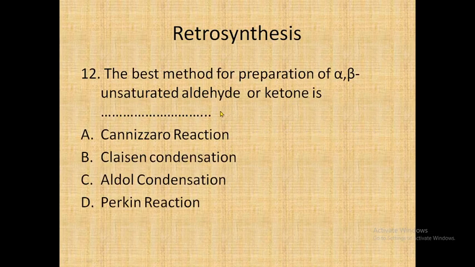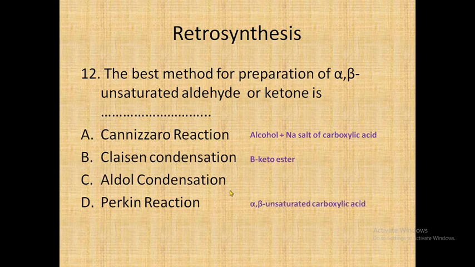The options given here are: Cannizzaro reaction, Claisen condensation, aldol condensation, or Perkin reaction. So we know that Cannizzaro reaction gives you the alcohol plus the sodium salt of a carboxylic acid as a product, while Claisen condensation will give you a beta ketoester as a product, and the Perkin reaction gives you an alpha beta unsaturated carboxylic acid.